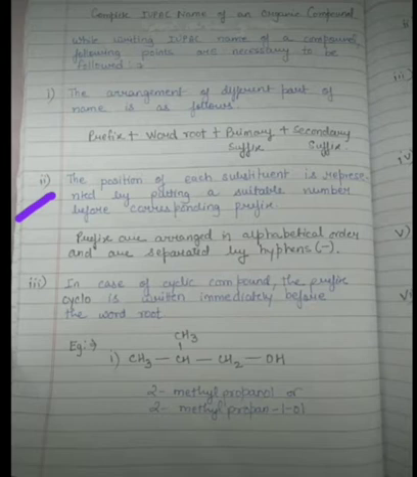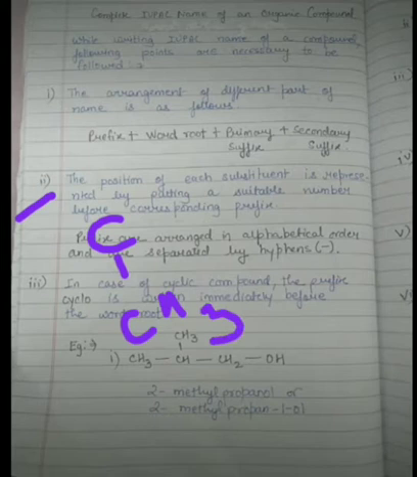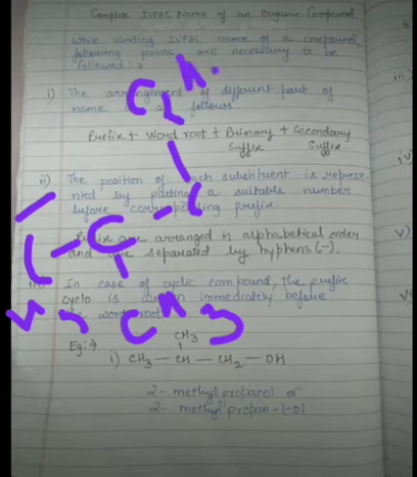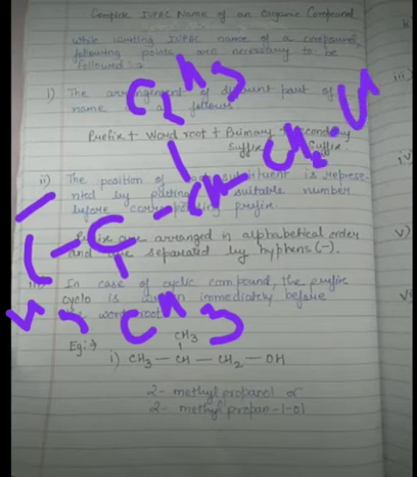Suppose from this carbon there is a methyl group, and here is also a methyl group, here is a C2H5 group, and to this carbon is also CH2, then CH3.